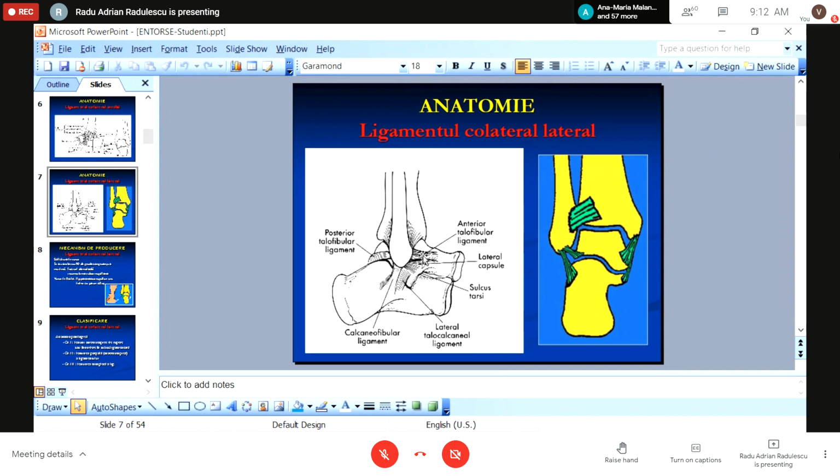So it has two horizontal fascicles: the anterior talofibular ligament, this one here, which prevents the foot from sliding anteriorly, and the posterior talofibular ligament, which prevents the ankle or the talus from displacing posteriorly. And finally, a vertical component, which is the calcaneofibular ligament, which opposes the varus position.